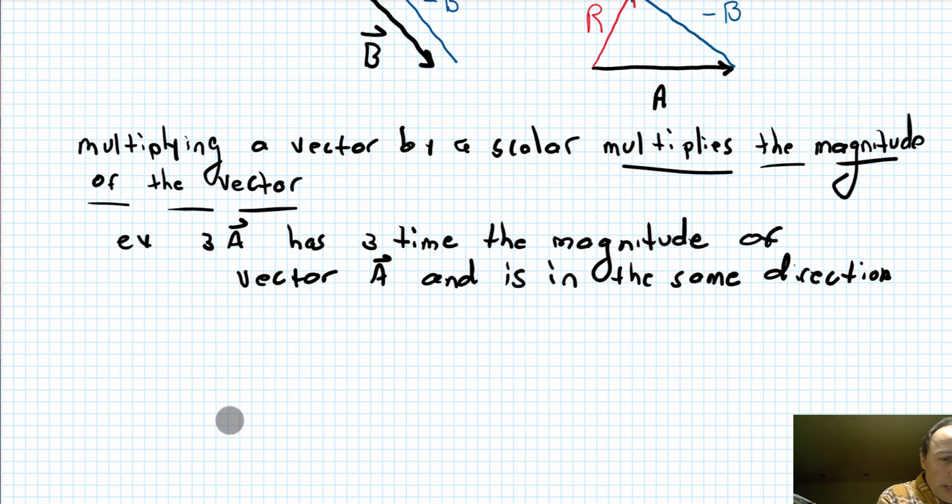Okay, so if A, let's make A 1, 2, 3, 4 of these little squares right here. If that's A, then 3A is going to be 1, 2, 3, 4, 1, 2, 3, 4, 1, 2, 3, 4. That's 3A.